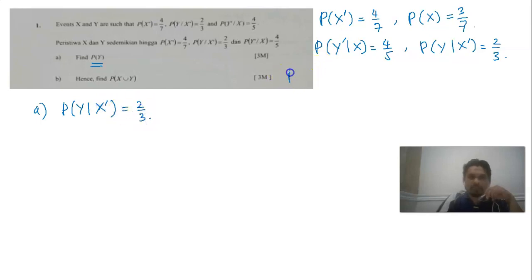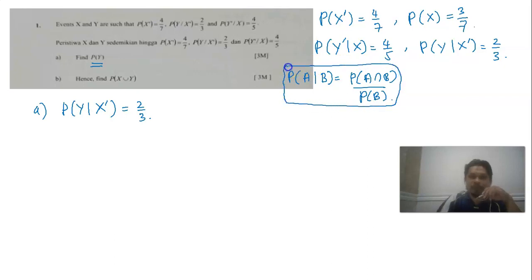As we know, the probability of A given B equals the probability of A intersect B divided by the probability of B. This is the general formula for this case. So the probability of Y intersect X complement divided by the probability of X complement equals 2/3.